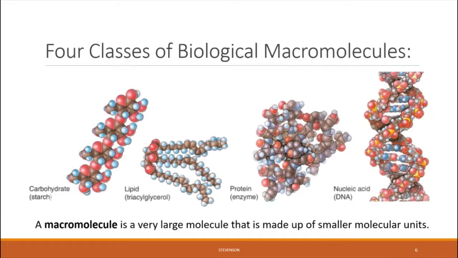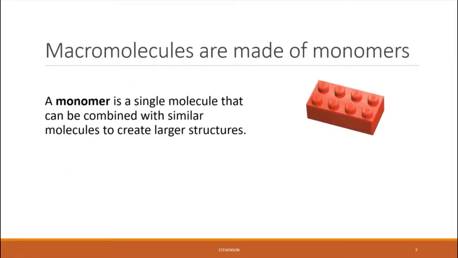All of these macromolecules are made of what we refer to as monomers. A monomer is defined as a single molecule that can be combined with other molecules like it in order to create these larger macromolecular structures. The term monomer makes sense because the prefix mono means one.